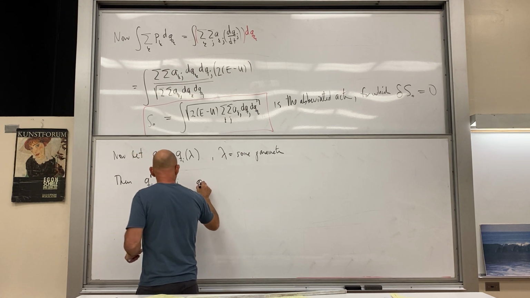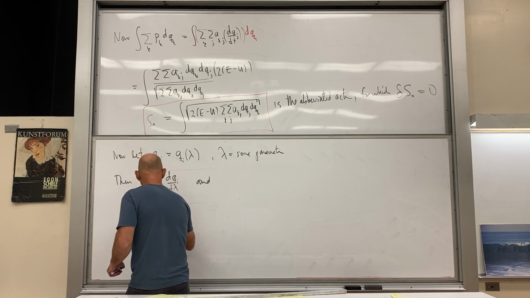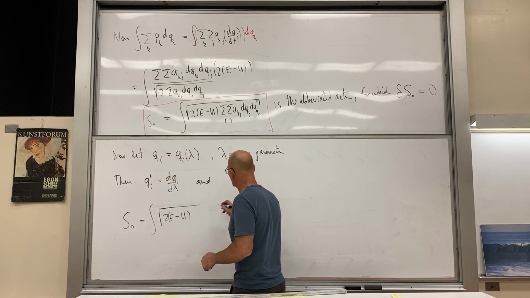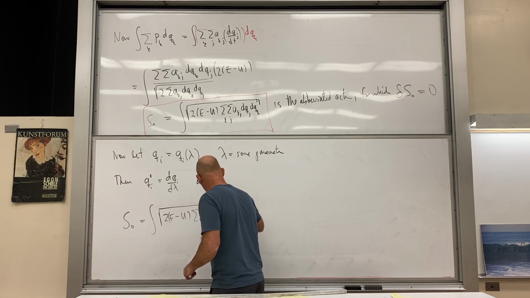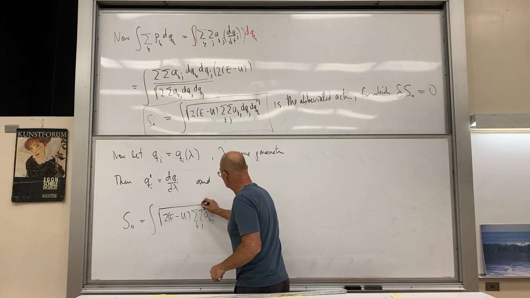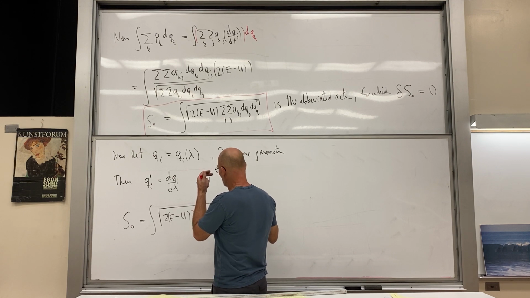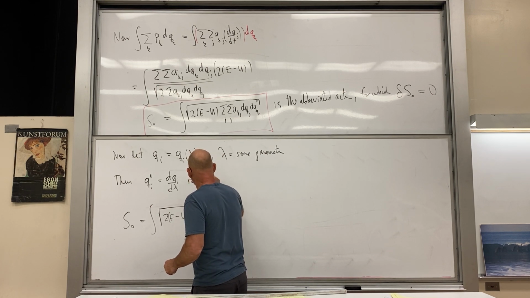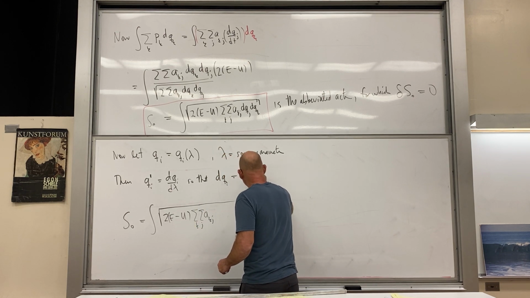And for S0, we will have the root of 2(E minus U), and remember U is a function of q, double sum of a_ij's, or whatever we're calling this time, k_j, also functions of q, and then the dq, so that dq_i is equal to q_i prime d lambda.